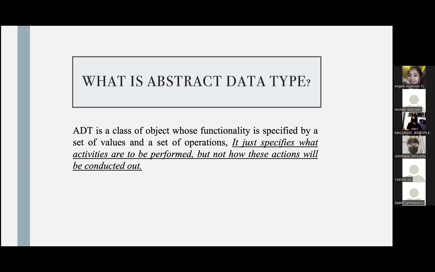It may be defined as a class of objects whose logical behavior is defined by a set of values and a set of operations. Arrays, list, map, queue, set, stack, table, tree, and vector are examples of ADTs.